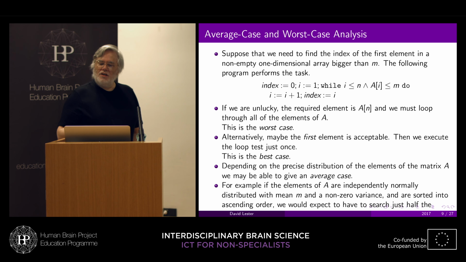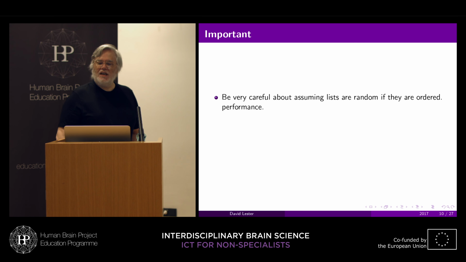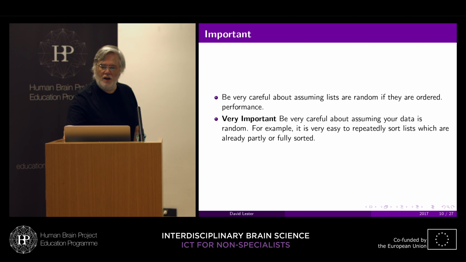So, in our case, if the elements of our matrix are independently normally distributed with mean m and a non-zero variance, so about half of them will be less than m and half of them will be greater than m, and they're sorted into ascending order, then you'll expect to search just half the list. Be very careful about assuming lists are random, because if they are ordered, this can have a bad effect on the performance.